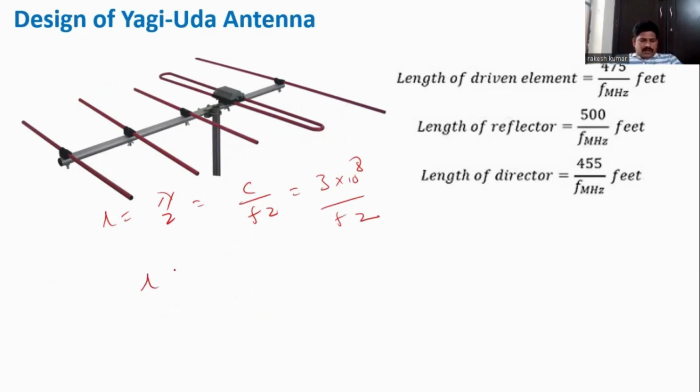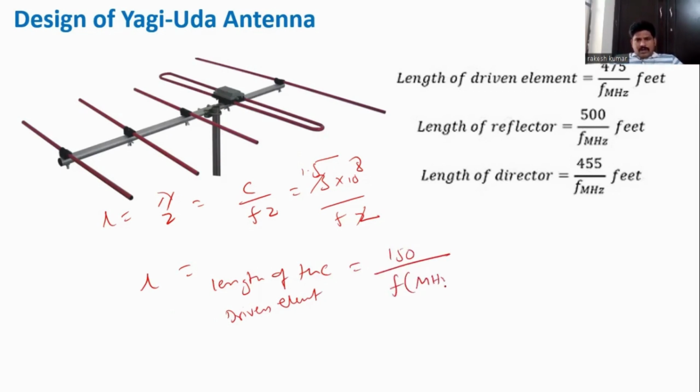So if we convert this, the length of the driven element is equal to 150 by f in megahertz, in meters.